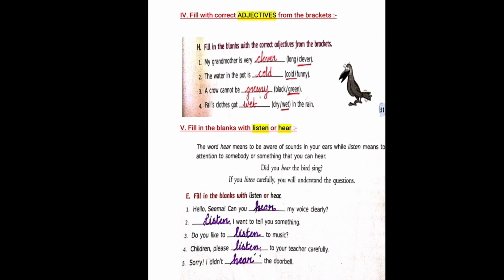Third one, a crow cannot be... What is the color of a crow? Yes, you all know the color of a crow is black. So a crow cannot be green. I have written greeny there, so the answer is green. Don't write Y there. Fourth one, Fali's clothes got wet in the rain.